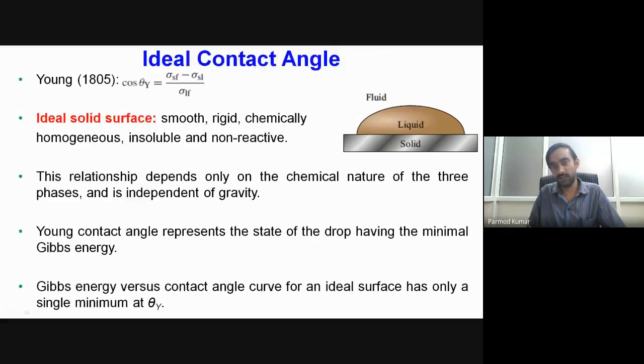Over here you can see that we have a solid, then we have liquid, and outside we have some fluid. This is a two-dimensional view, and in this view, at this particular point, you can see the occurrence of all three phases, at the three-phase contact line.